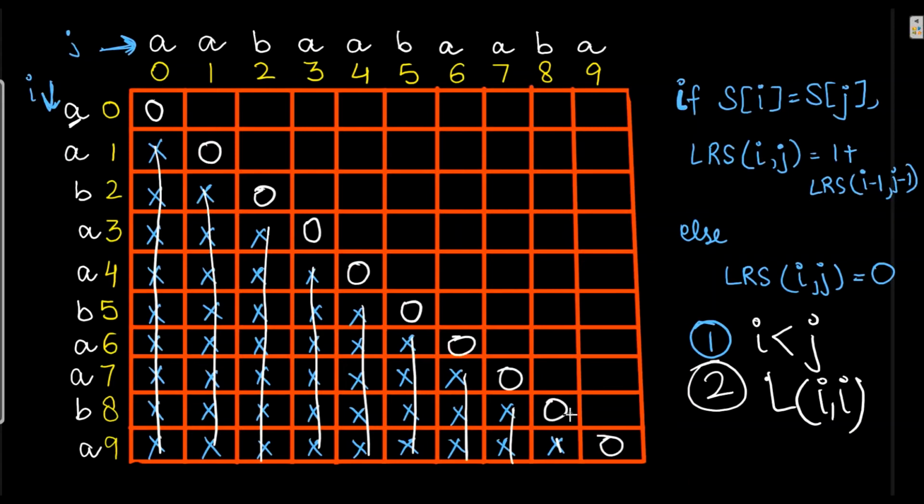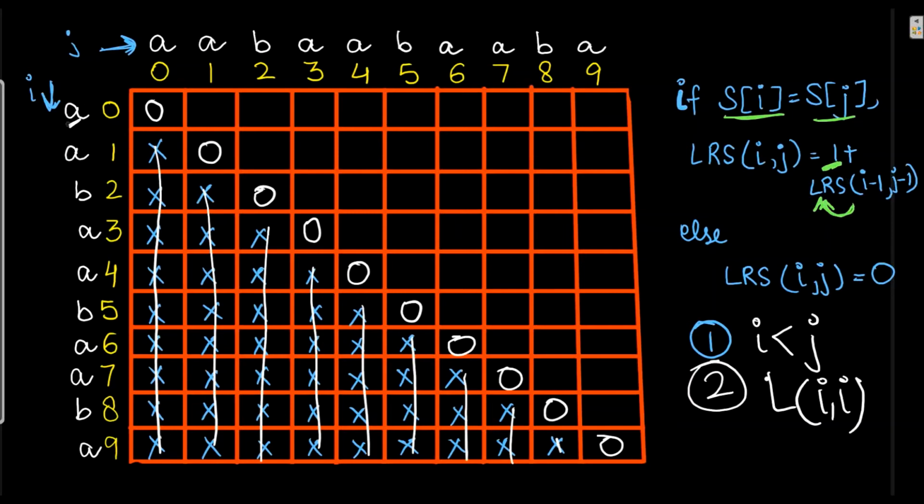Then I need to look at all the characters, so let's start filling in with dynamic programming. You know the condition: if the ith character is matching with the jth character, then I need to include that particular character as well as look at its diagonal part also, diagonal as in its upper-left character.